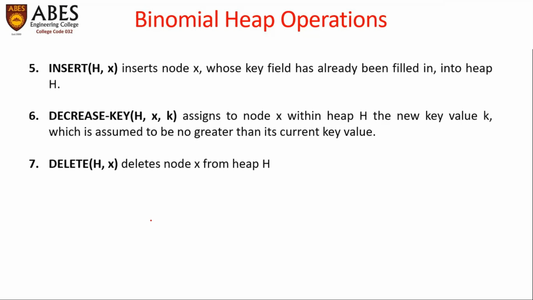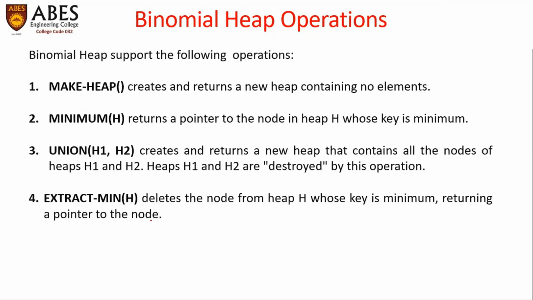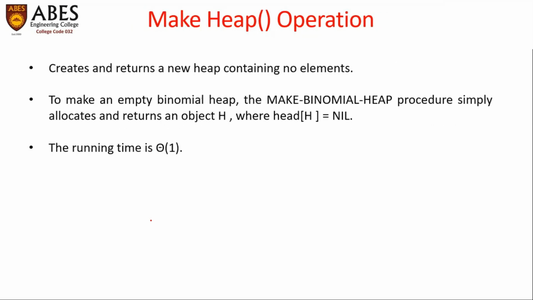In this particular video, we're going to cover the make heap operation. We're going to cover the second operation, that is finding the minimum element from the binomial heap, and the rest of the operations we're going to cover in subsequent videos. So the first operation is the make heap operation. In this operation, we have just started with our binomial heap creation.